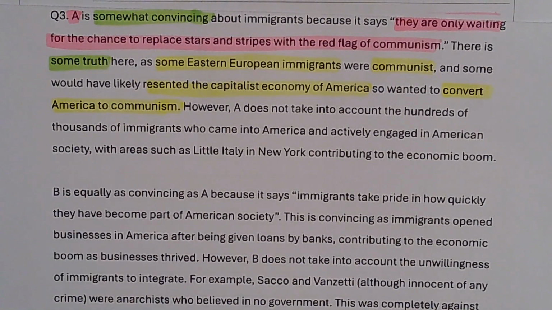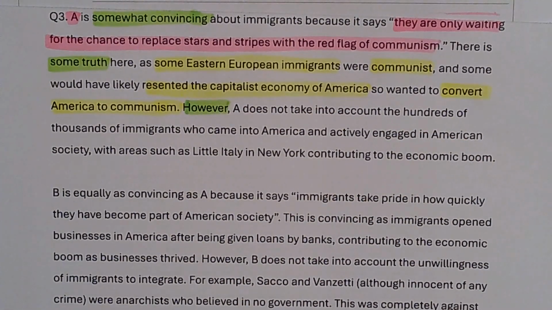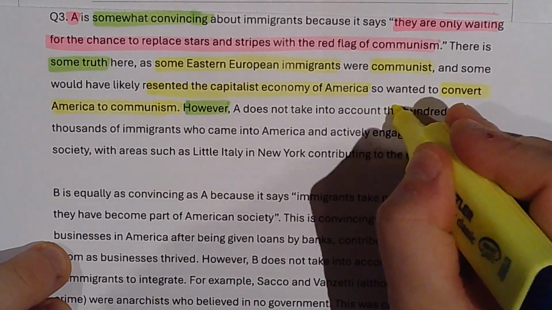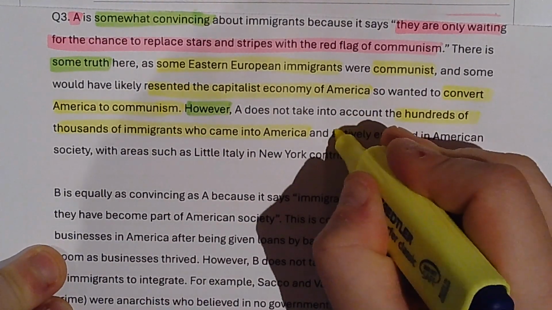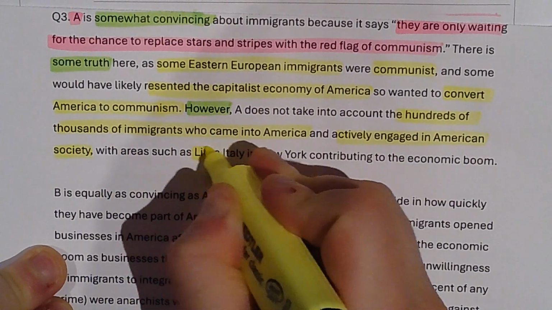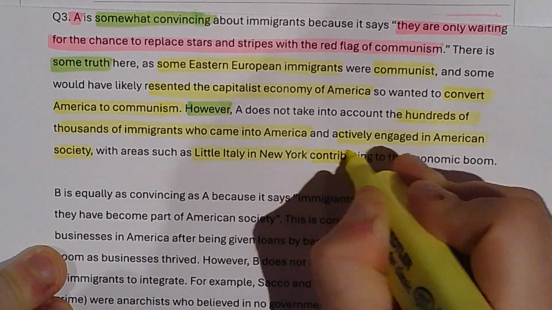I then said, well, yeah, there is some truth, but actually it's not fully true. And I said that the actual quote doesn't take into account the hundreds of thousands of immigrants who came into America, actively engaged in American society, with areas such as Little Italy in New York contributing to the economic boom.